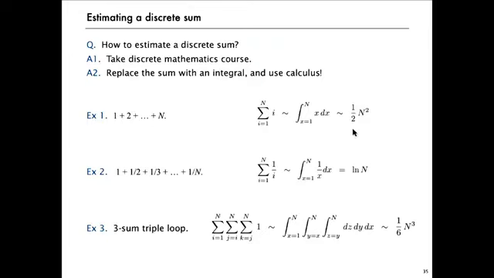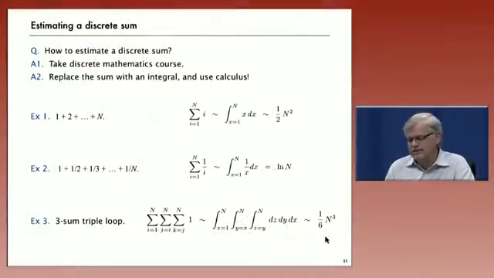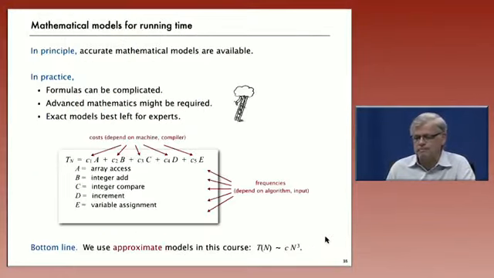But if you think of it this way, you'll believe us when we say that that thing is tilde half n squared, or the sum of 1 plus 1/2 plus 1/3 up to 1 over n is like the integral from x equals 1 to n of 1 over x, and that's natural log of n. Even the three-sum triple loop, if you're used to multiple integrals, will quickly give you the 1/6 n cubed. There are many more and other techniques that we could use for this, and we're not going to teach all that, but we'll sometimes refer to results of this type.